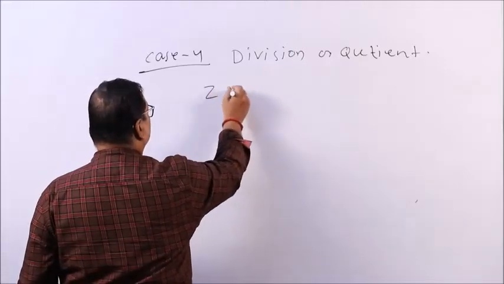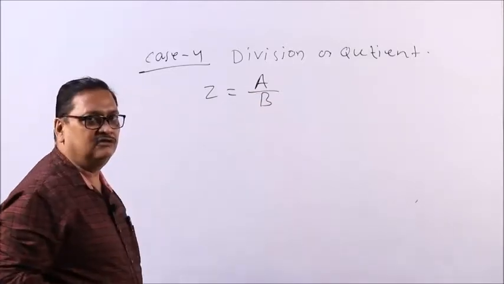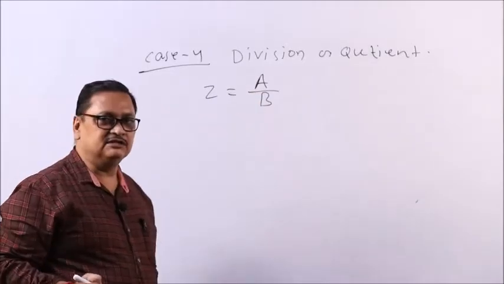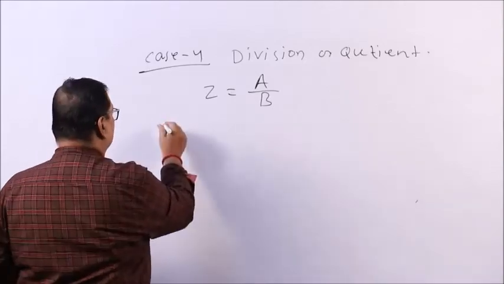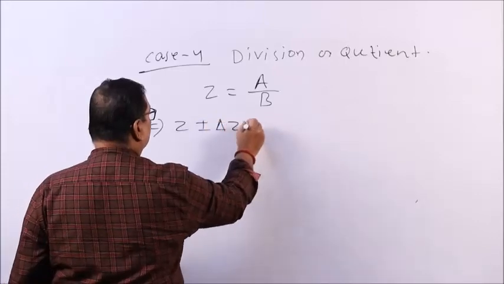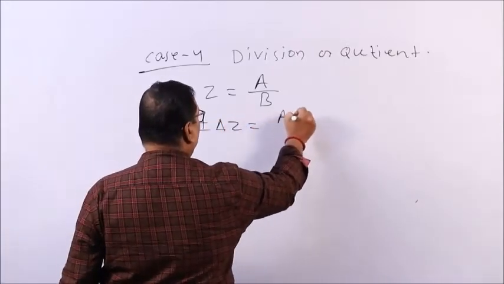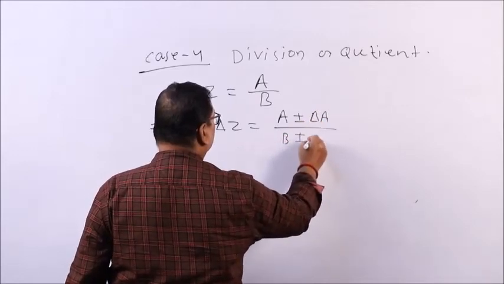So, z equal to, now divide the two quantities, z equal to a by b. So, finally, we will see what will happen to its error. Implied z plus minus delta z equal to a plus minus delta a by b plus minus delta b.